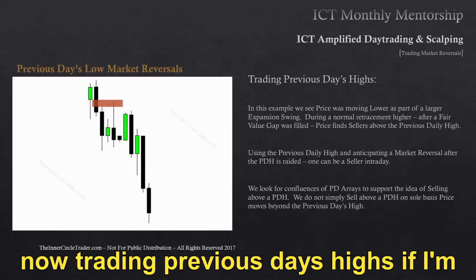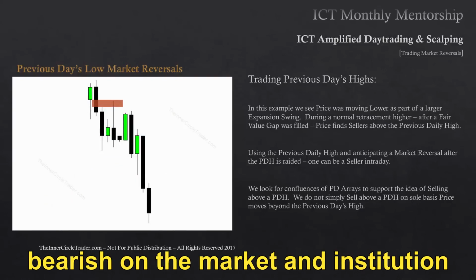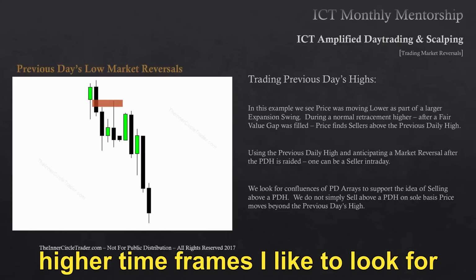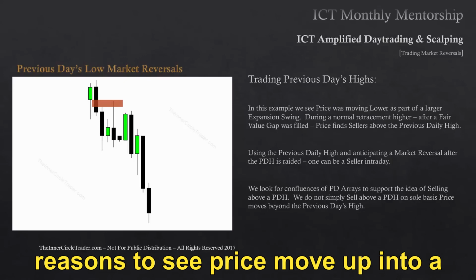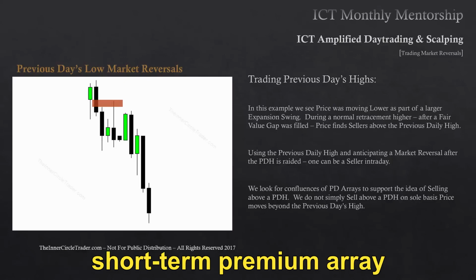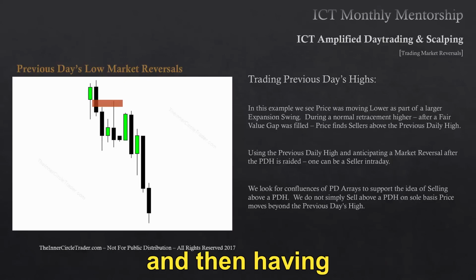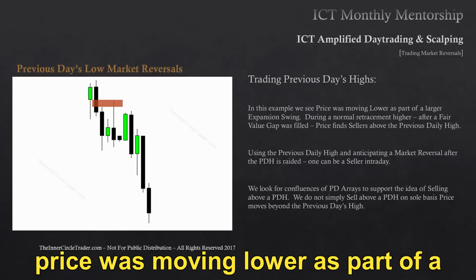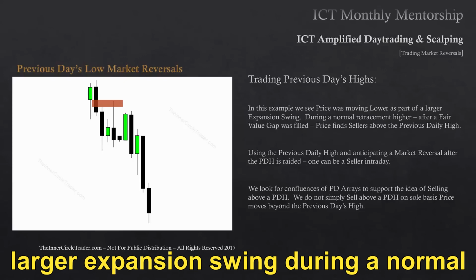Now, trading previous day's highs, if I'm bearish on the market and institutional order flow is suggested to go lower on the higher time frames, I like to look for reasons to see price move up into a short-term premium array. Like we see in this example here, price was moving lower as part of a larger expansion swing.